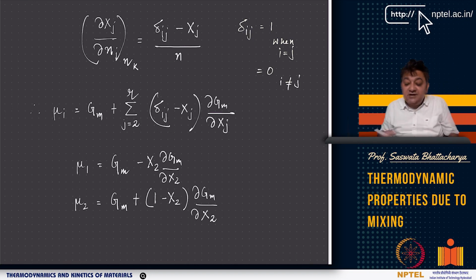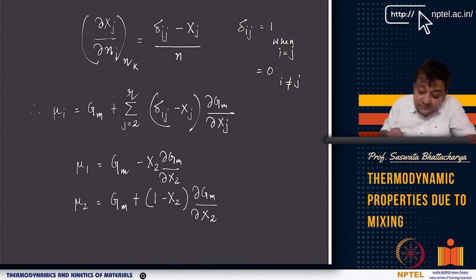So basically what you get is mu i equal to GM plus the sum from j equal to 2 to R, where R is the number of components, starting from component 2 up to component R, of delta ij minus xj times del GM del xj.